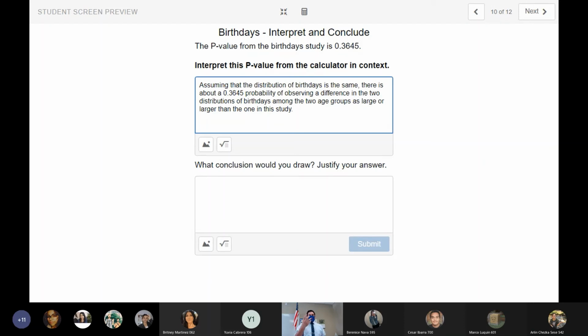If our p-value is greater than alpha, we fail to reject the null hypothesis, which means we do not have evidence for the alternative. If the p-value is smaller than alpha, then we reject the null hypothesis and we do have evidence for the alternative. The p-value represents the probability of seeing what we saw if the null hypothesis is true.